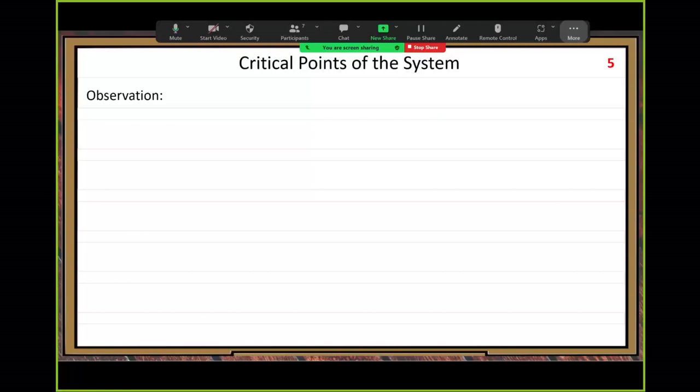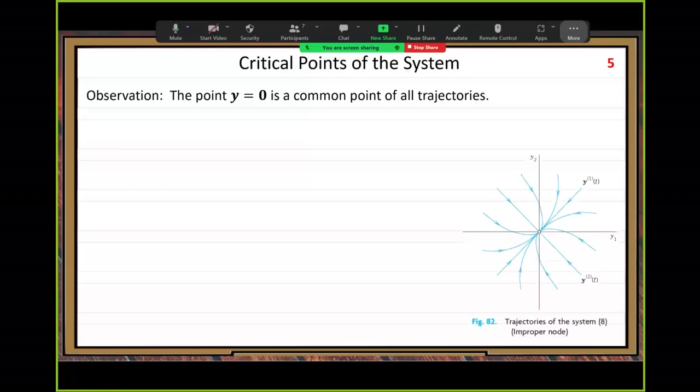So let's make our observation. The origin point, y equals 0, is a common point of all trajectories. You can see that the origin in this picture is so special. So we want to study the property of this special point.